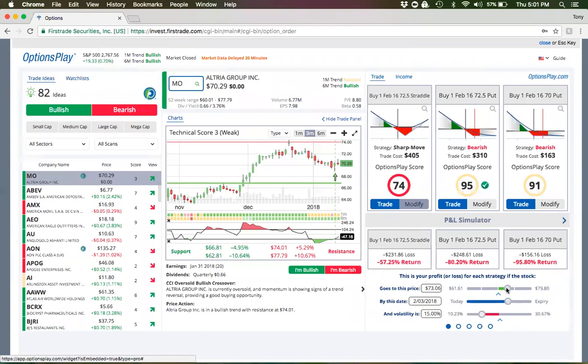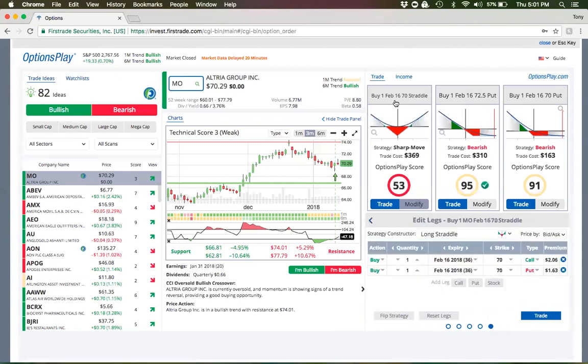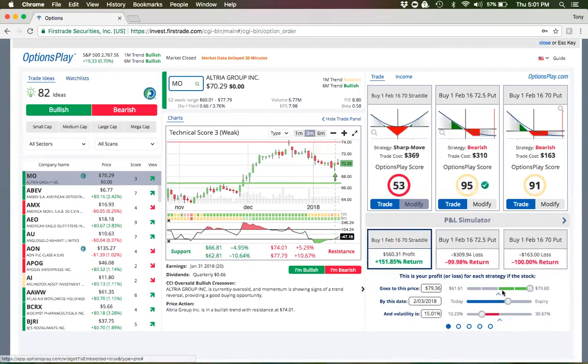So as you can see, when you're trading a straddle on Altria, on MO, the stock needs to move well above 1 standard deviation for this straddle to be profitable. And even if I trade an at-the-money straddle, which is the $70 straddle here, as you can see, if the stock moves up a full standard deviation, it's only going to give you a 54% return.